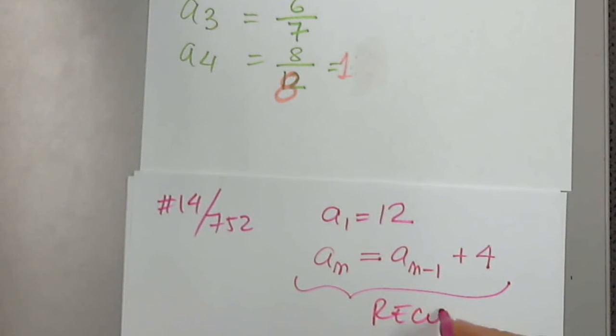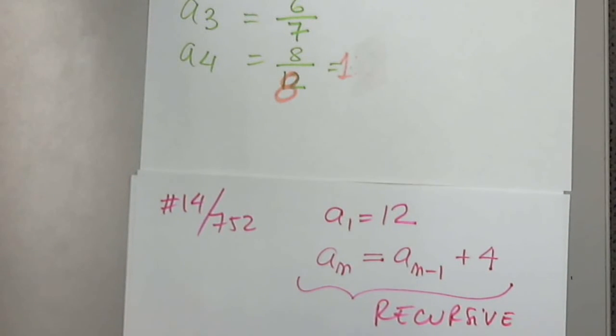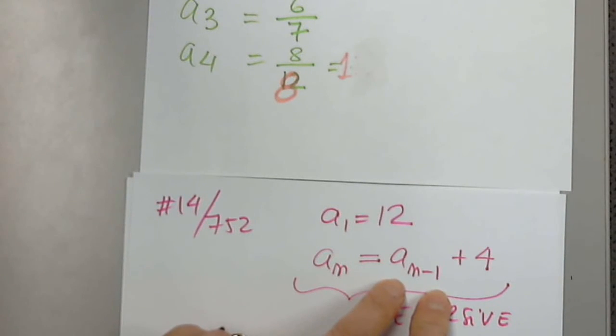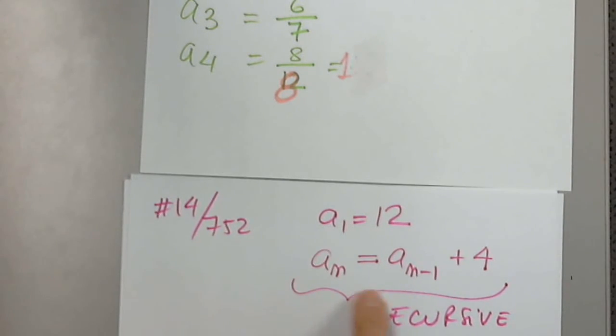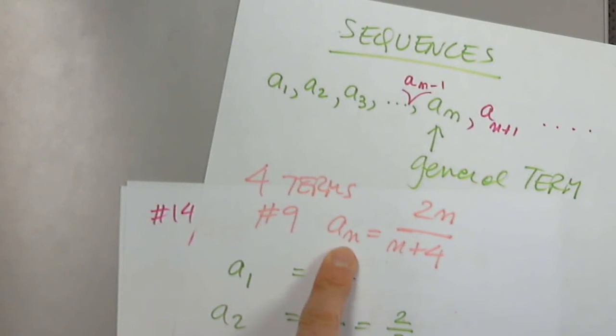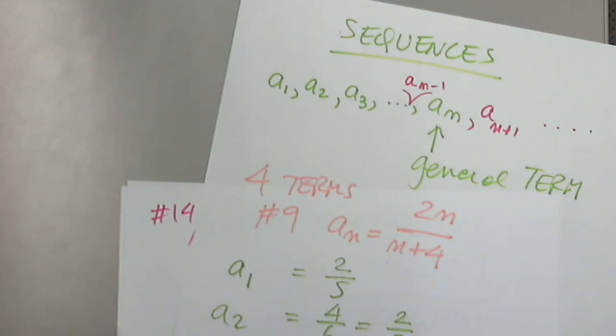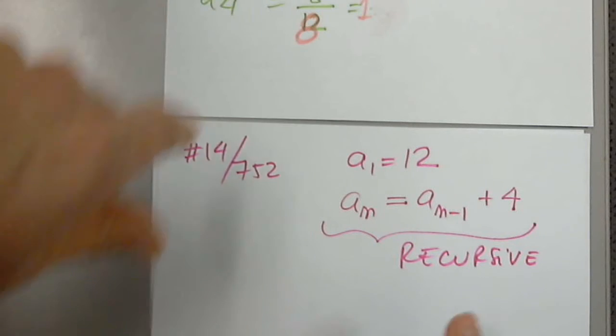So we call this a recursive relationship. So it's not given directly as the general term. We are given the general term, but it depends on the previous one, which depends on the previous one, and so on and so forth. So we are given a relationship, not plain AN, plain general term, with no connection to other terms. But this is a connection to the previous term.